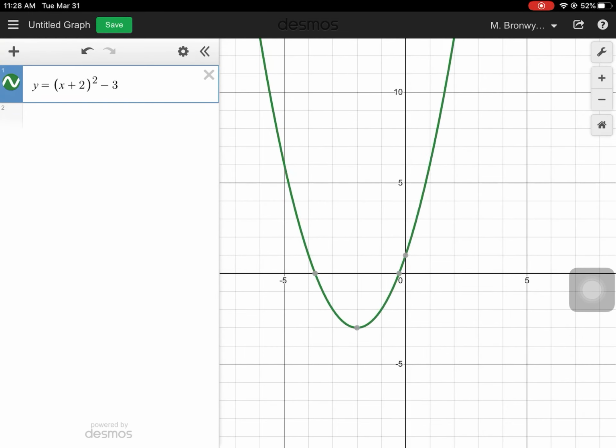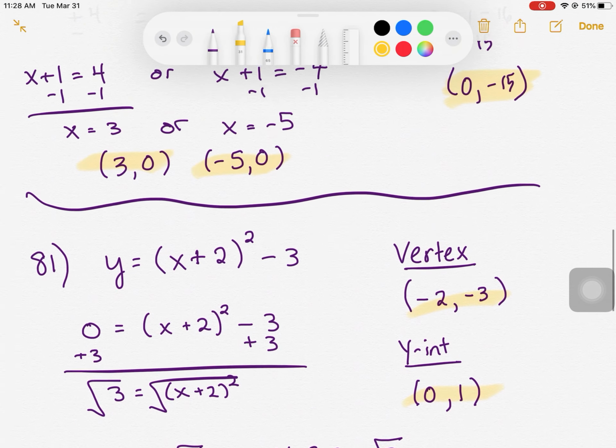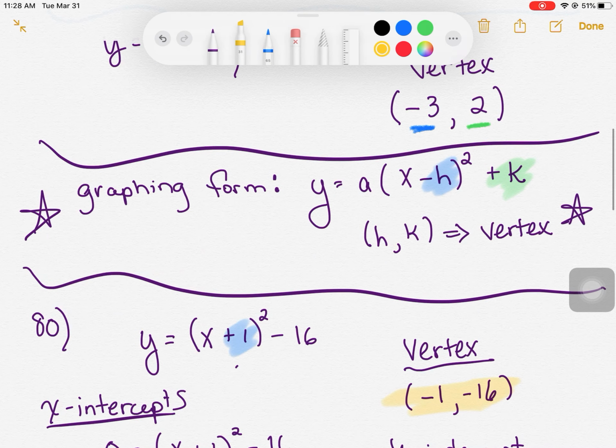And when I look at this and click on my different points, I've got a vertex at (-2, -3). We had that. And if you look at our two x-intercepts, those are approximations, so those are correct as well. We've got (0, 1) as the y-intercept, and that's it. So this is just another form of the equation, graphing form, that can take us through the steps to find those key points in a different way.